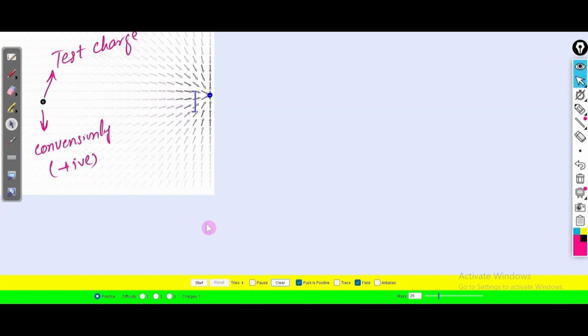So here I'm going to start this simulation by clicking on this button. The simulation has been started. So here this positive charge will be attracted by this negative charge.